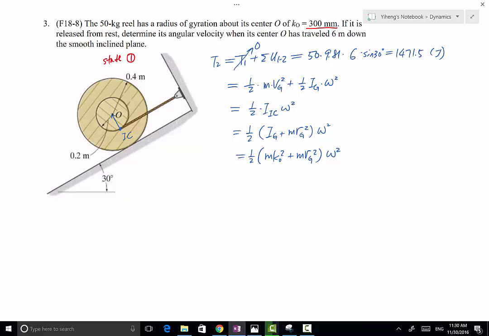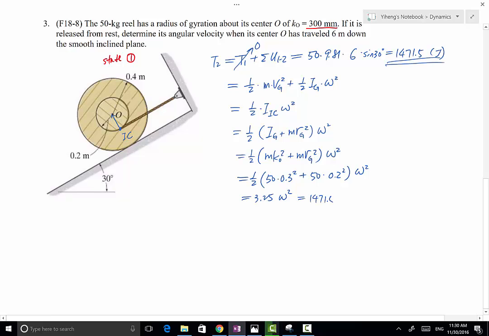So with all that, now we can plug the numbers in. We have 50 times kO, which is 300 millimeters, therefore that is 0.3 meter squared, plus 50 times rG, which is 0.2 meter squared, times omega squared. So this equals 3.25 omega squared, which equals 1471.5 joules.